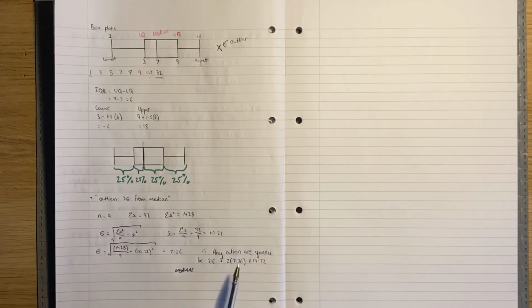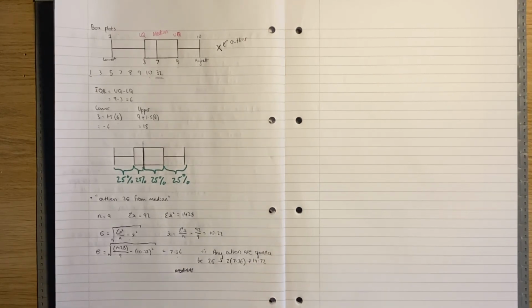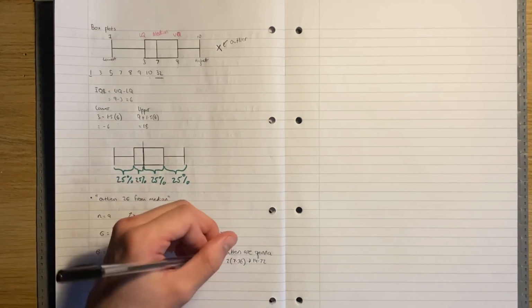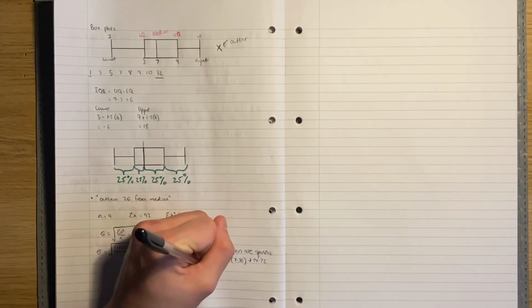So we're going to know that any outliers are going to be 2 times sigma, which is 2 times 7.36, which is 14.72, added or taken away from the mean.